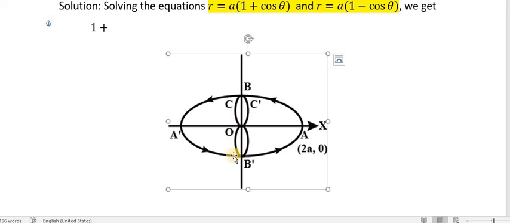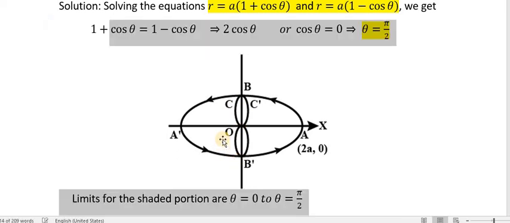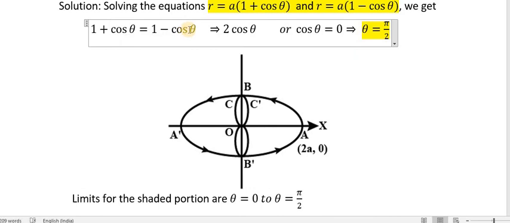So that is calculated by using the formula. Limits 0 to π/2 it is varying. Now 1 plus cos θ and 1 minus cos θ, by solving these two equations, r is equal to a into 1 plus cos θ and r is equal to a into 1 minus cos θ, which implies that 1 plus cos θ is equal to 1 minus cos θ. So by simplifying this, we get 2 cos θ is equal to 0, or cos θ is equal to 0.